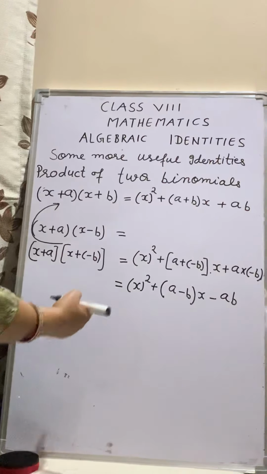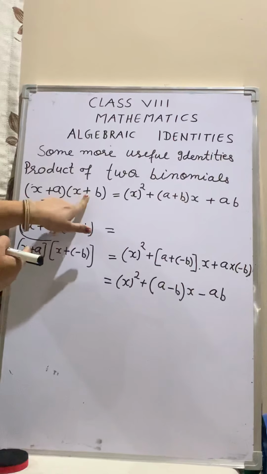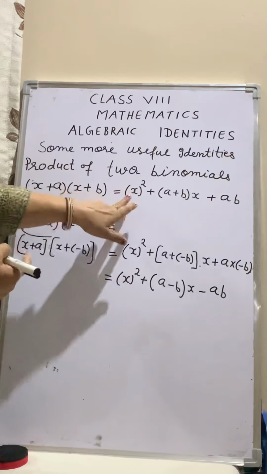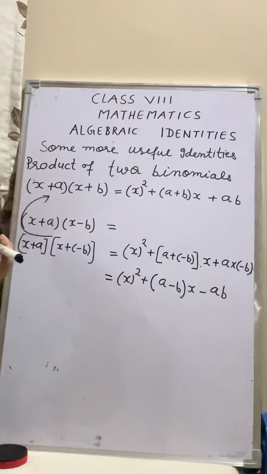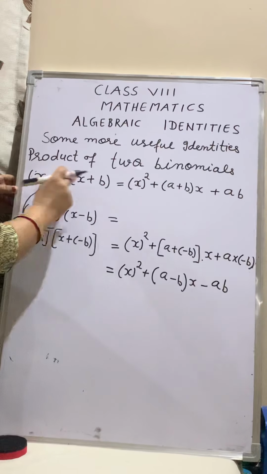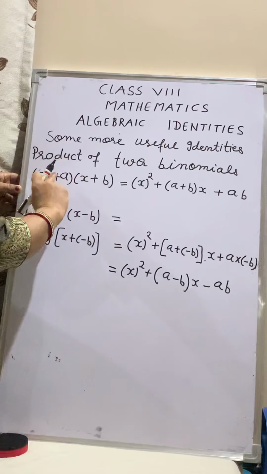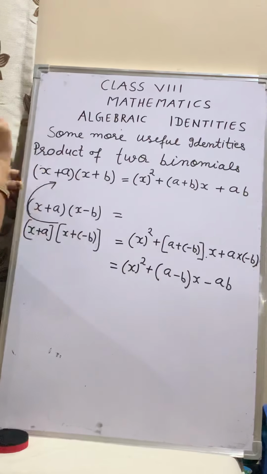It is the second identity. We will always use this identity. Here both negative, a negative, b negative, a positive, b negative, a negative, b positive.